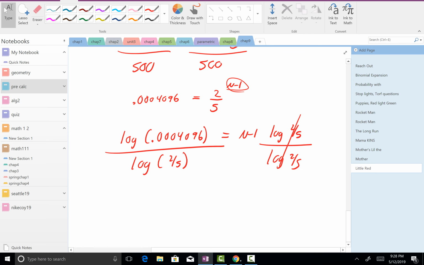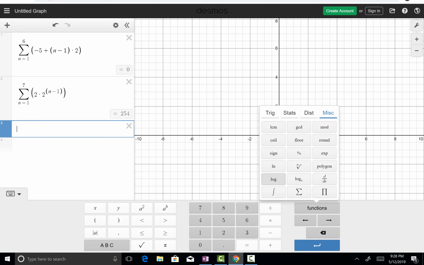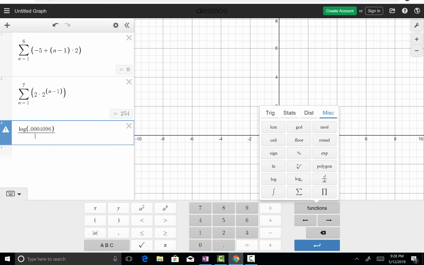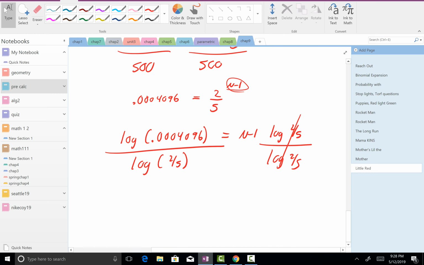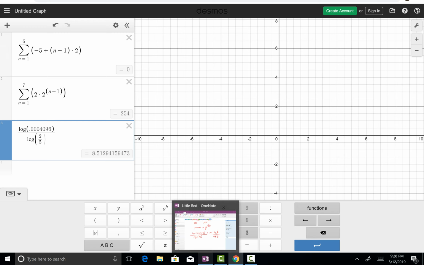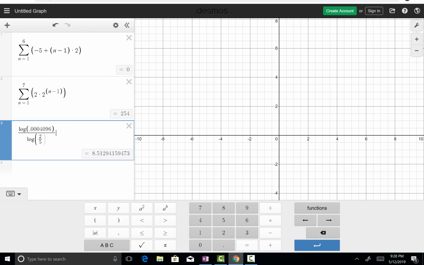All right, so let's do that. I'm going to go into here and put in the log of 0.004096, and divide that by log of 2/5. And I get 8.5. Interesting. Maybe I got a number wrong here.